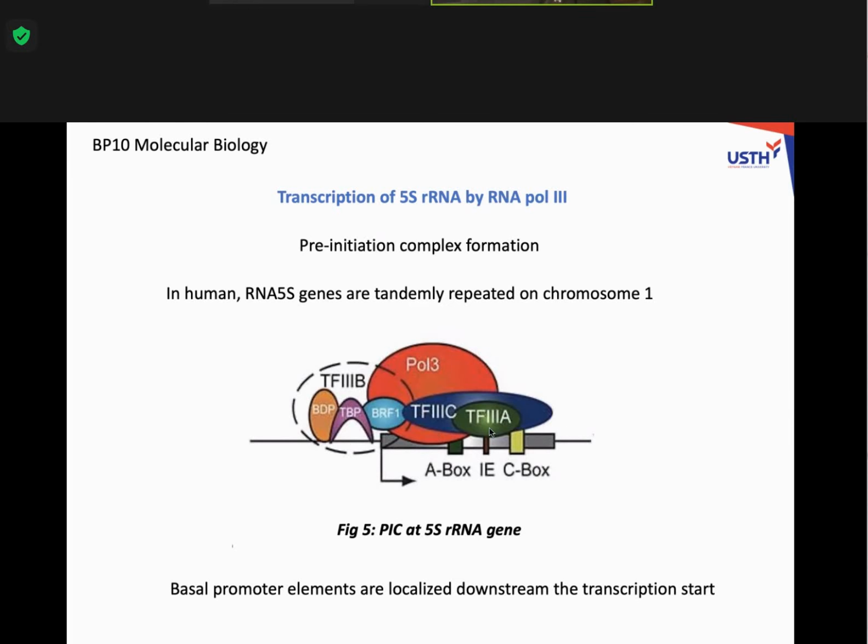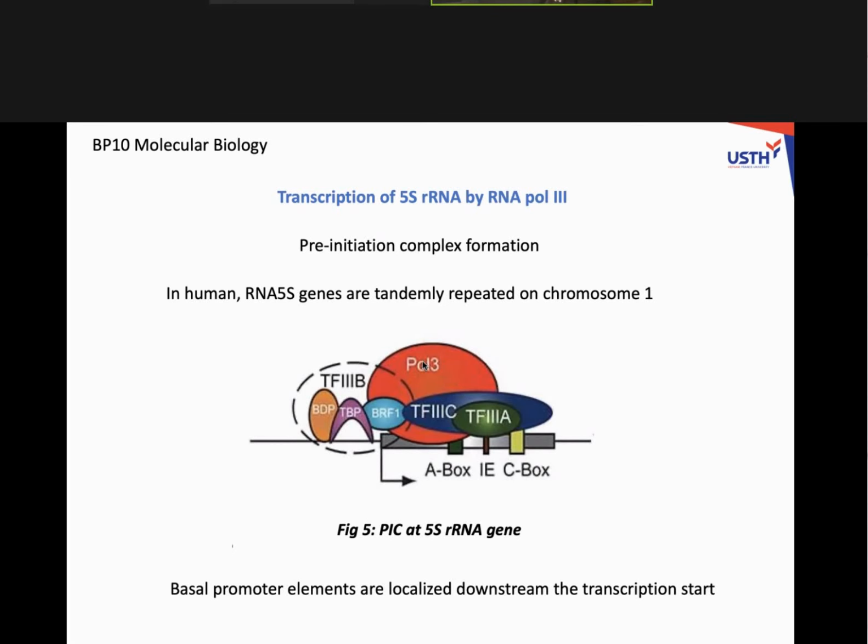So sequentially, what's happening on a promoter that is transcribed by Pol3 is that you have these two general transcription factors, TFIIIC and TFIIIA, that recognize the sequences, the A box and the IE, okay? They interact directly. And it is once those two factors have bound to the DNA that all the rest of the protein partners can interact.